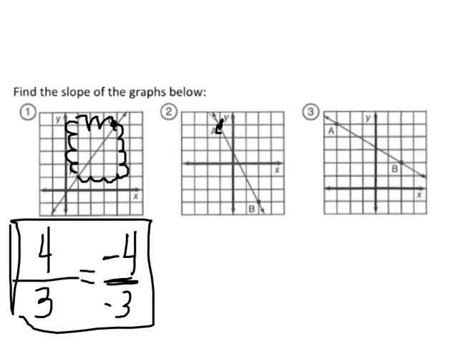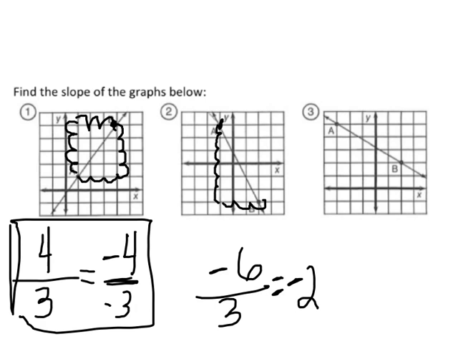You start at point A, you have a rise of 1, 2, 3, 4, 5, 6, going down, so it's negative, and a run of 1, 2, 3. Negative 6 over 3, which can be simplified to negative 2. Try the last one. Start at point A, you have a rise of 1, 2, 3.